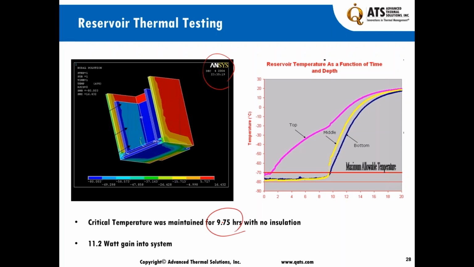And the total heat gain into the system was about 11 watts of power. So for almost 10 hours, we are able to maintain this temperature at a level that is exceeding the design requirement of minus 70. We were at minus 80 degrees C. So this showed that the design concept that we had is satisfactory, is acceptable, and we can march forward with the rest of it.